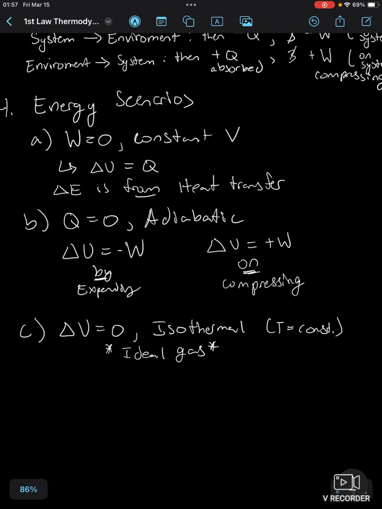Why? Because we're only looking at the kinetic portion, not the potential. Just because it is isothermal, aka the temperature is constant, doesn't mean that the internal energy is constant, unless we're talking about an ideal gas.